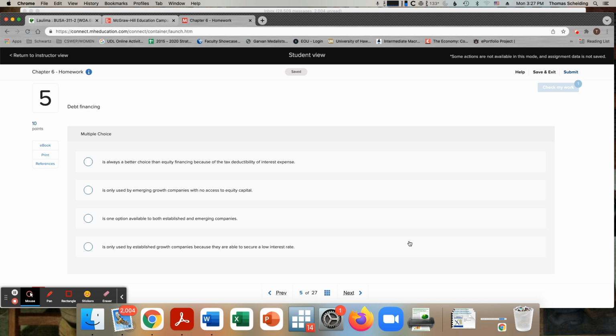Basically, what we're looking at here is what debt financing essentially is. Is it the only option or is it one of multiple options? Is it always the case that it's better than equity financing? That is not the case. So it's not always the best choice. It really is an art form to determine what is best, debt or equity, and it's based on you as the business owner and your analysts' assessment of what the growth prospects are for the company.